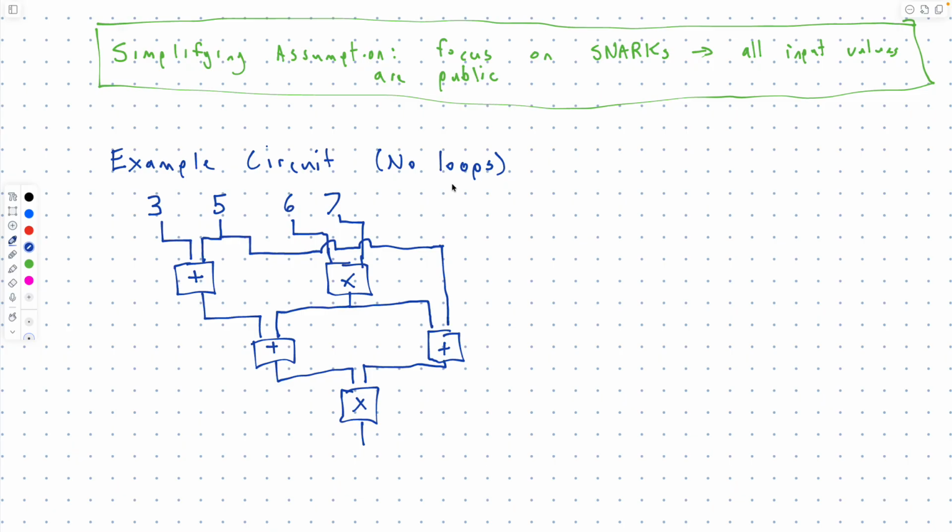The only thing it matters for is that if you're allowed to loop, you might be able to implement your circuit with fewer gates than if you're not allowed to loop. But everything that you can express as a circuit with loops can be expressed as a circuit without loops. It just might be a bigger circuit.